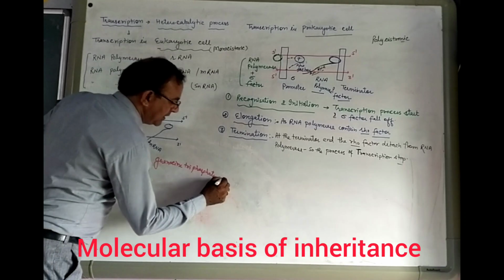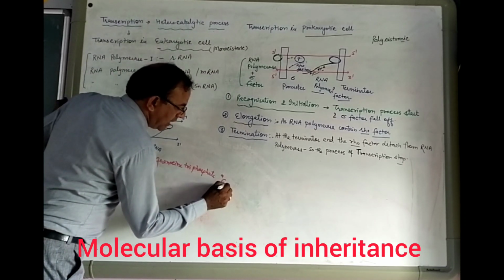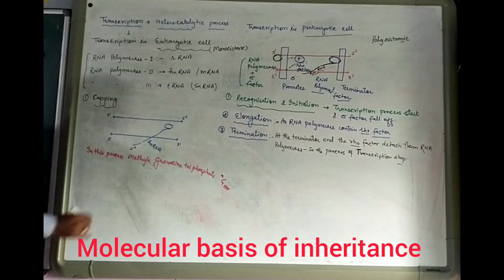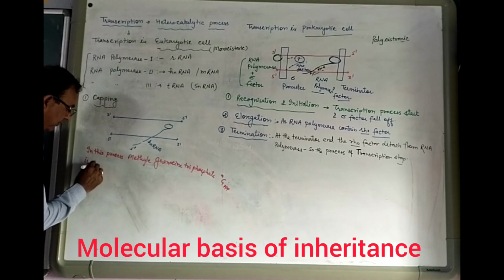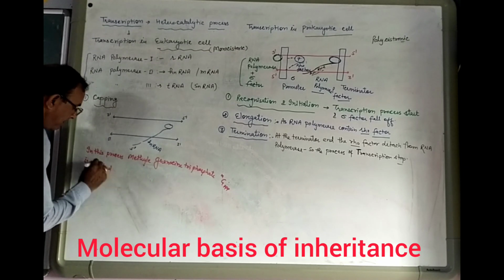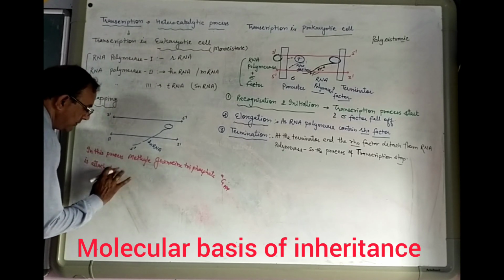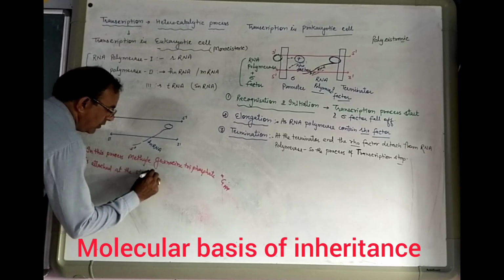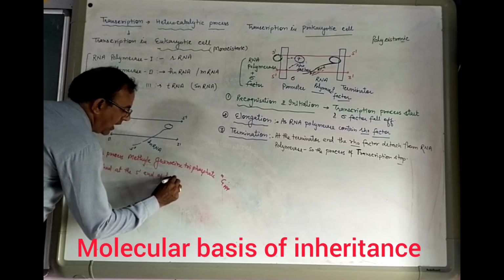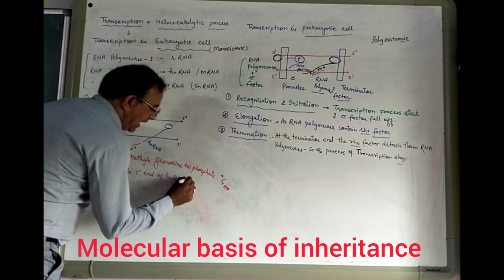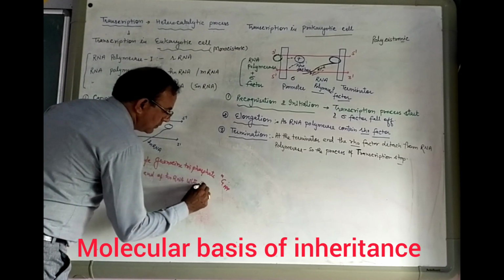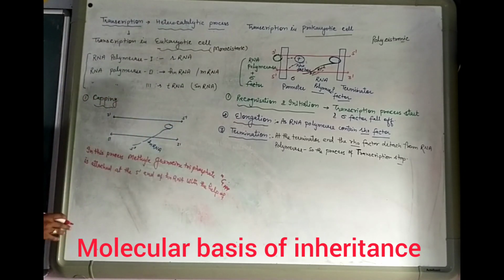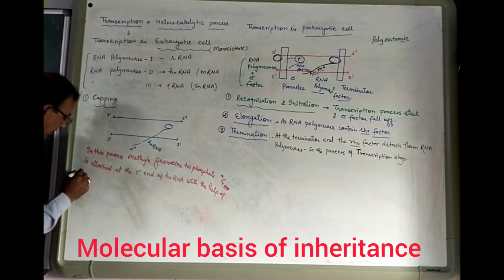Methyl guanosine triphosphate means GM triphosphate, which is attached at the 5' end of hnRNA with the help of the methyl guanine enzyme.